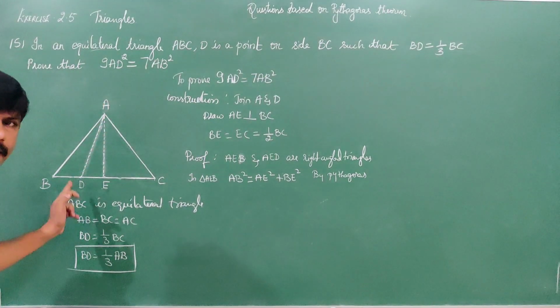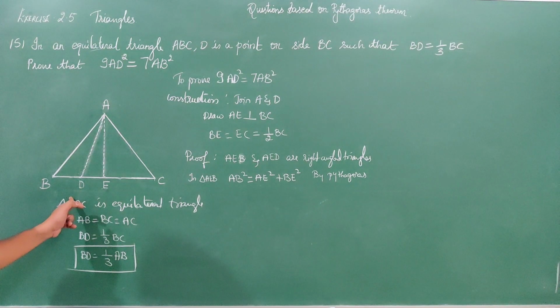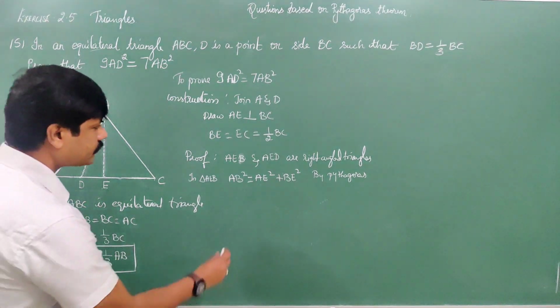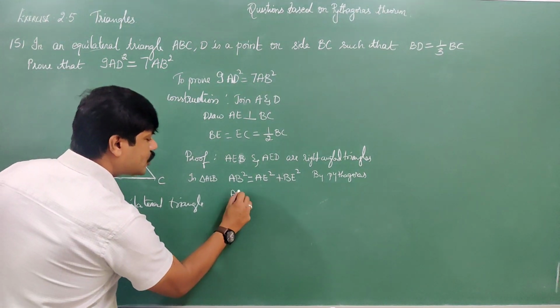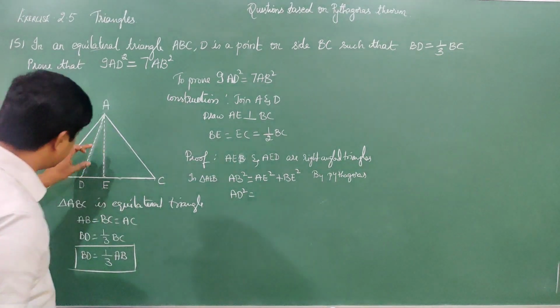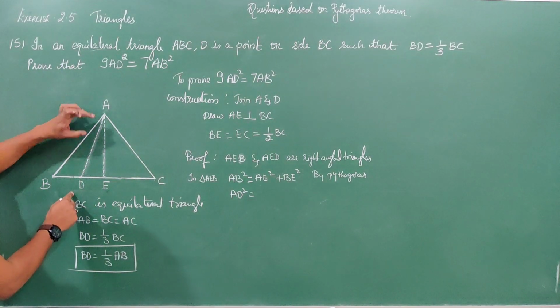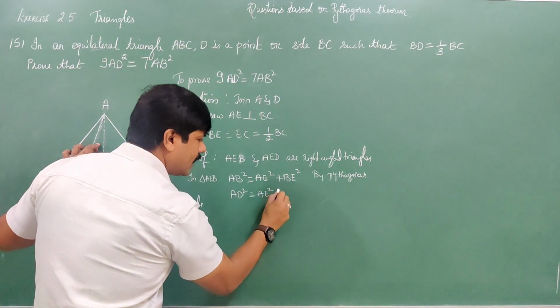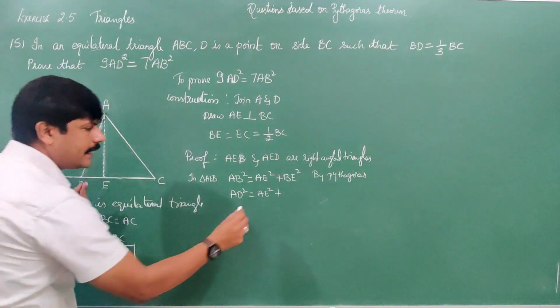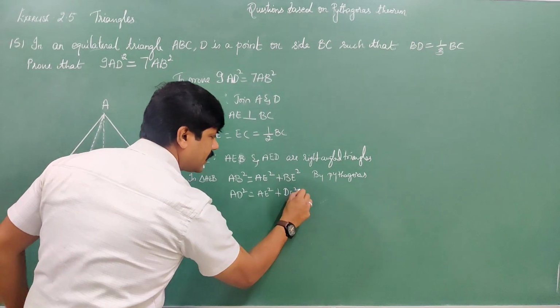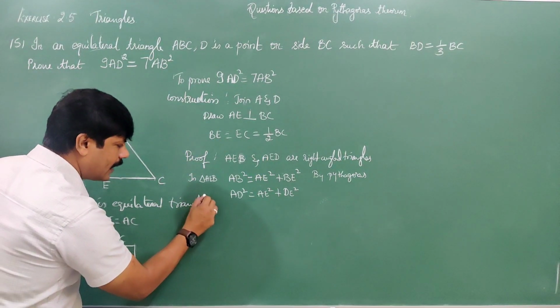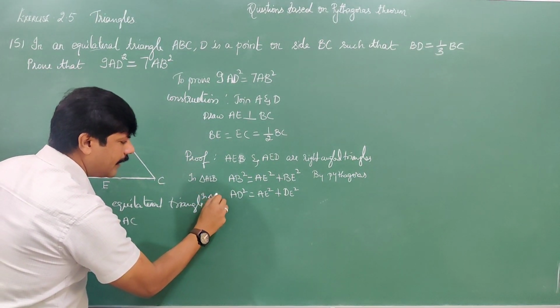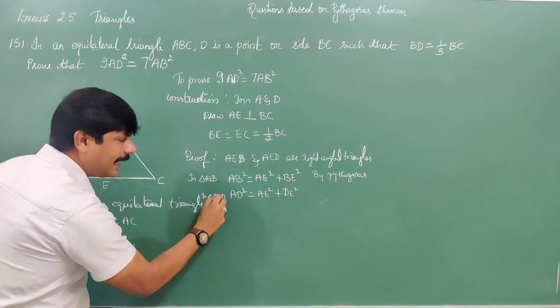From triangle AED, AD is the hypotenuse, AD square is equal to AE square plus DE square. This is from triangle AED.